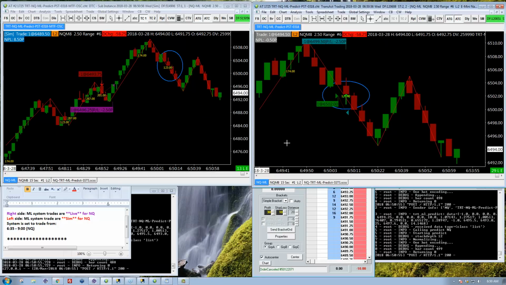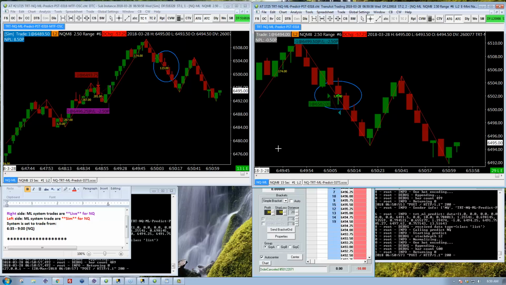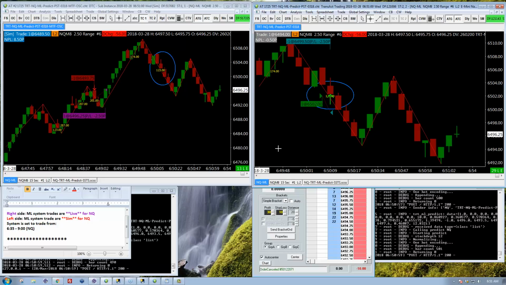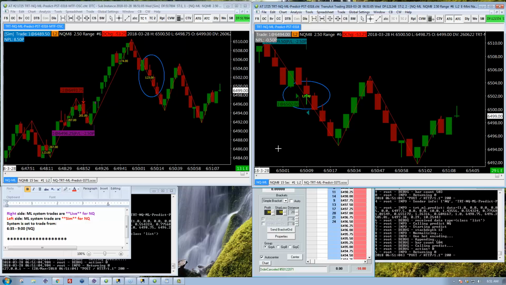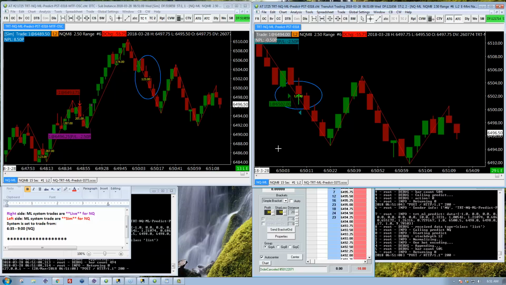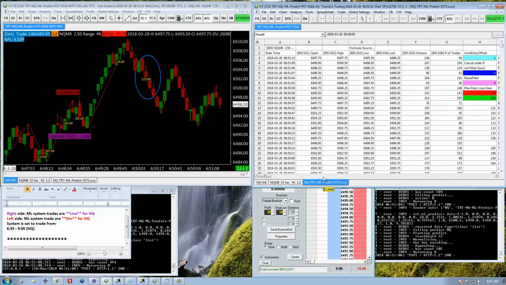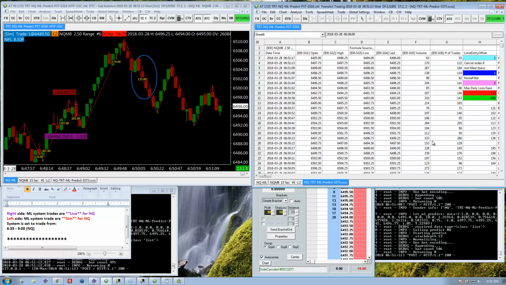Oh, stop it, Windows! You never know what's wrong. So why is it sometimes immediately canceling the order on a down bar, and other times it's not? It's got to be in here somewhere.